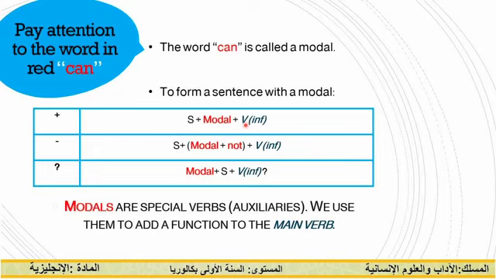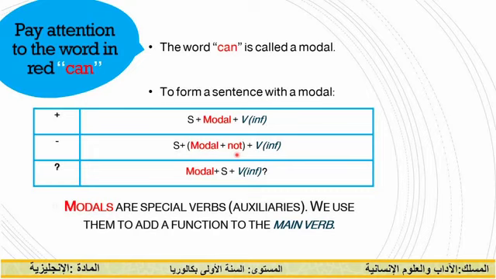Now let's check the negative form. For the negative form, as always, we start with the subject. I have already explained what a subject is, so there is no need for me to go through that again. And then we have, as you see here, the modal plus not.